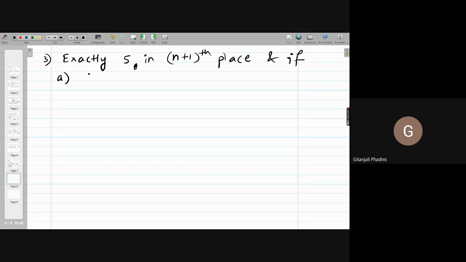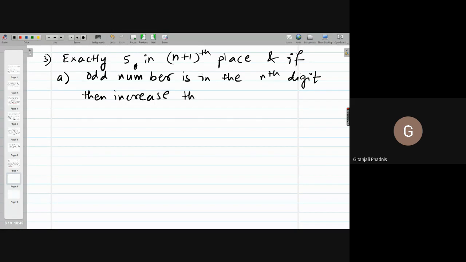If an odd number is in the nth digit, then increase the nth digit by unity.